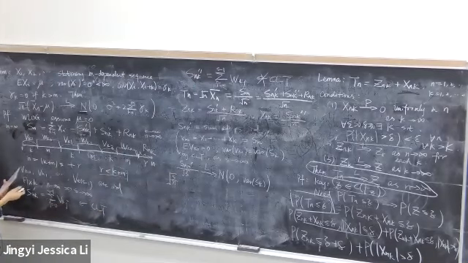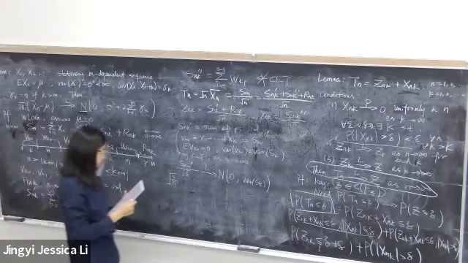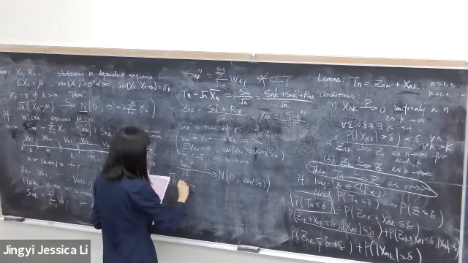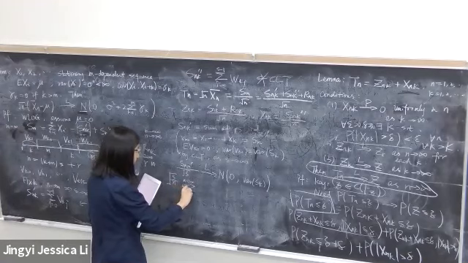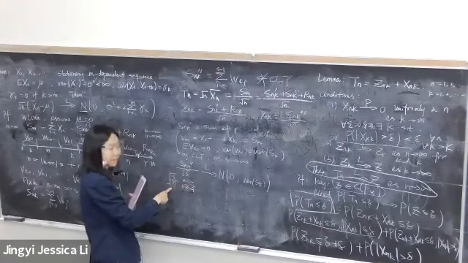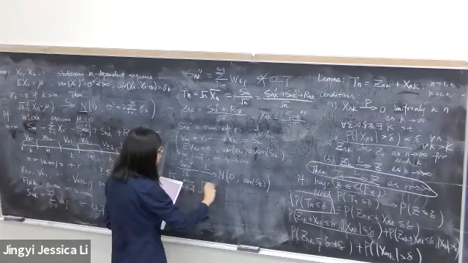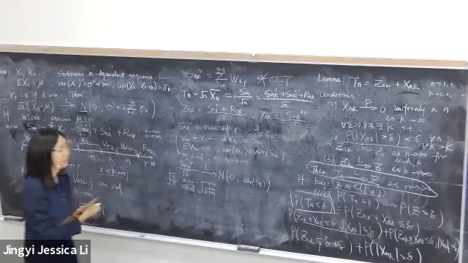Clearly, as n goes to infinity with k fixed, for every k this converges to 1 over k plus m by definition.